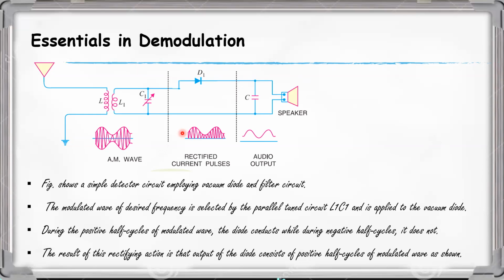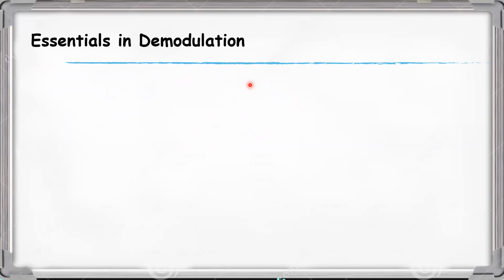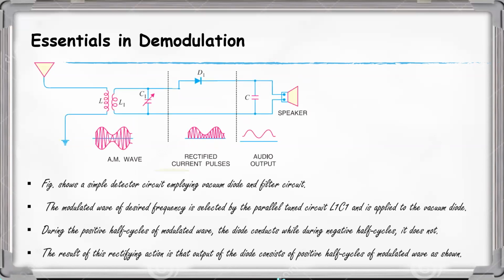So the modulated wave contains only one half, and it is fed into a filter. It bypasses the high frequency signal.